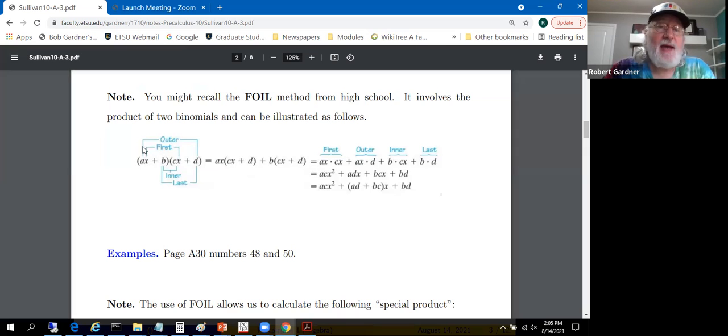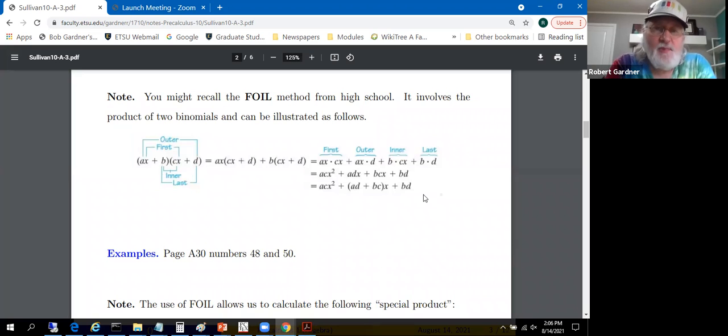Outer would be the outermost as it's written. AX and D. The inner are the two closest to each other between the parenthetic expressions. B and CX. And last is the product of the two last ones per binomial. So the B and the D are the last in each, and that produces the product BD.